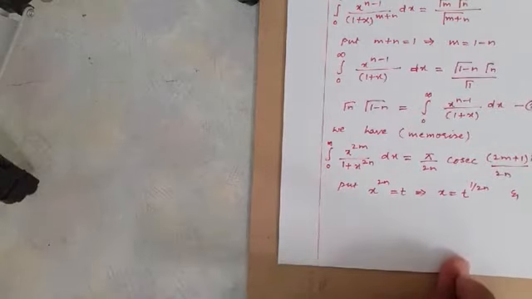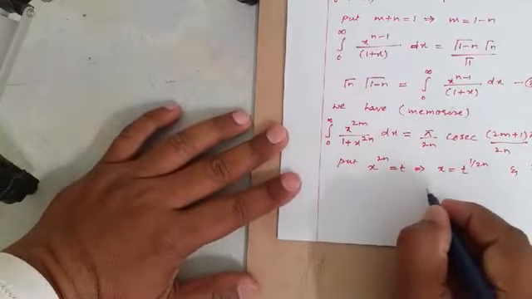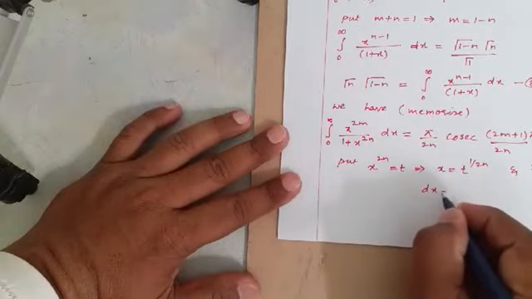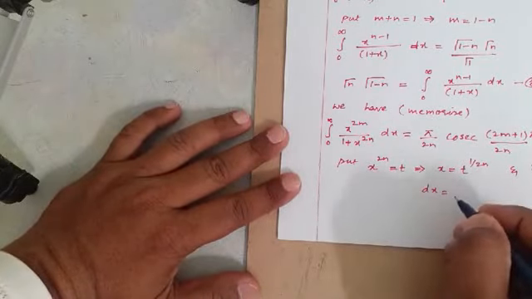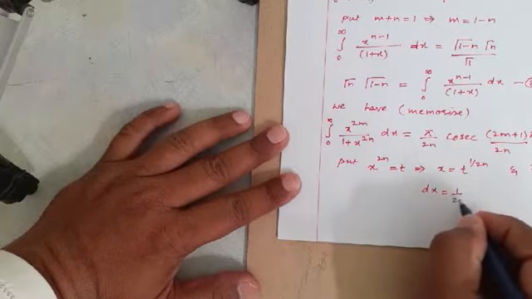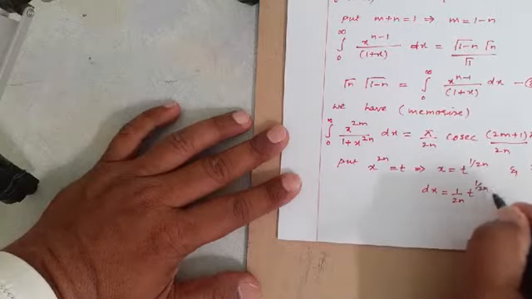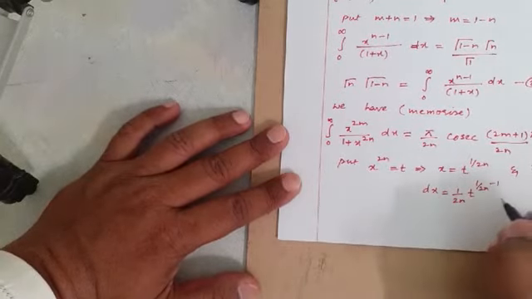After taking this, now we differentiate x so that it becomes dx is equal to 1 upon 2n t power 1 upon 2n minus 1 into dt.